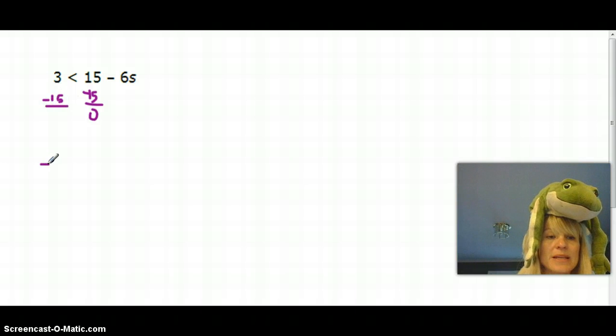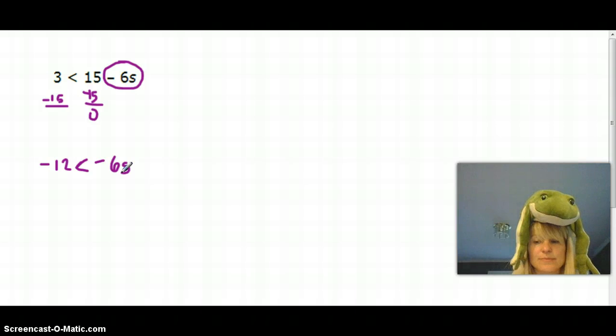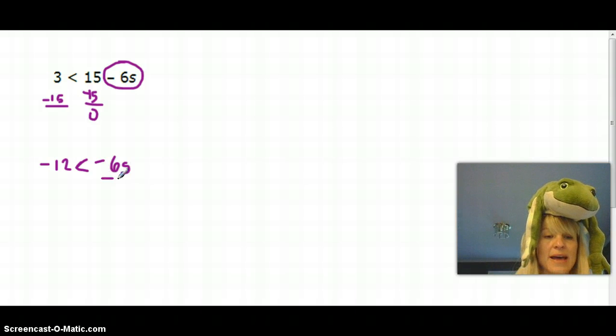And so that's going to give me -12 is less than, and then a lot of times an error occurs right here. And I've been telling you, we've been working on this, that minus sign goes with the 6s. That's -6s. Okay, so now we want to divide by -6.